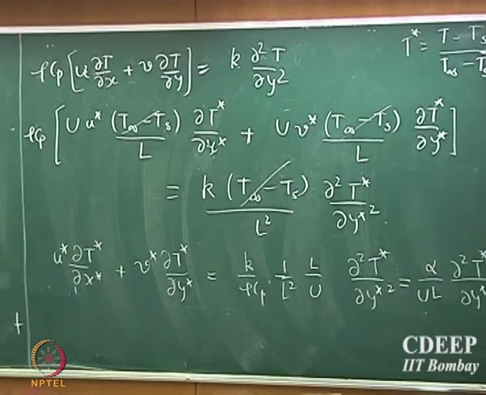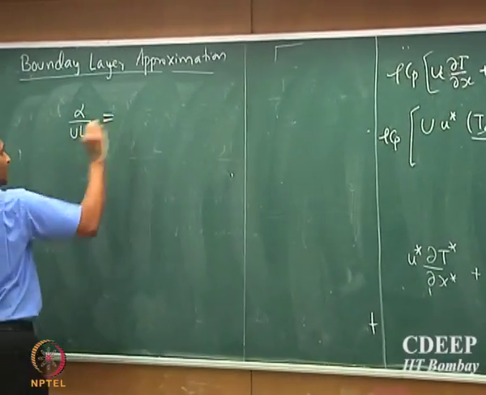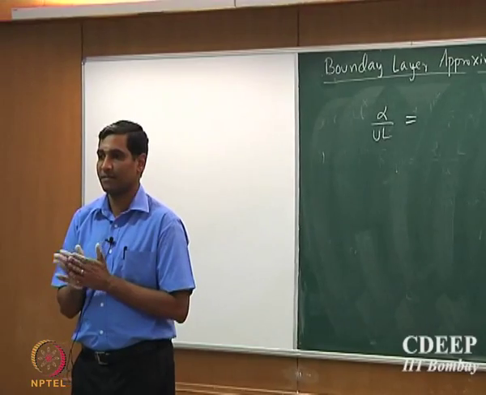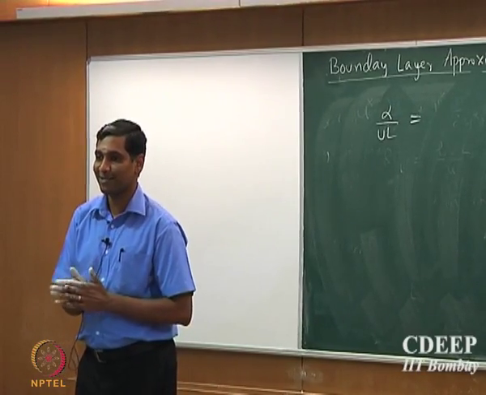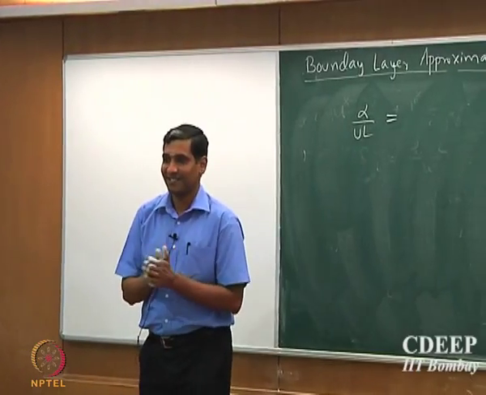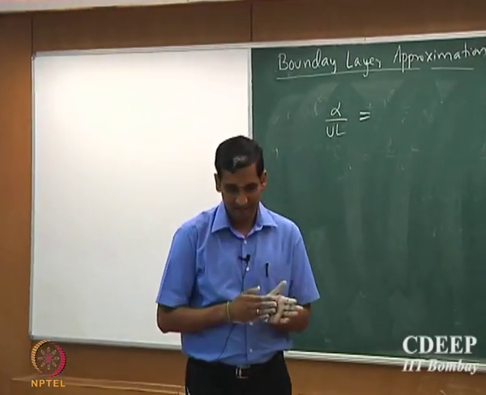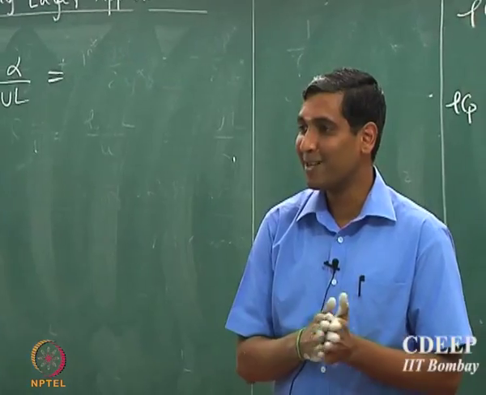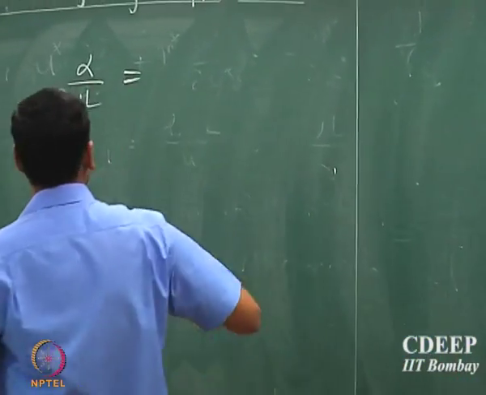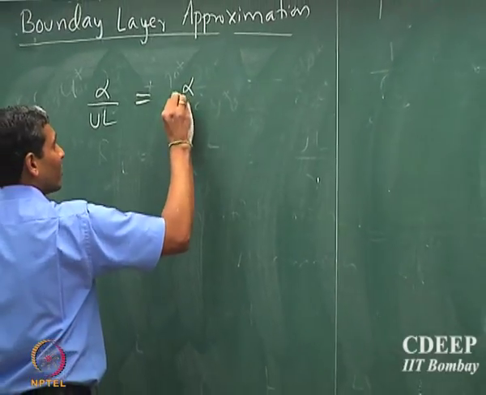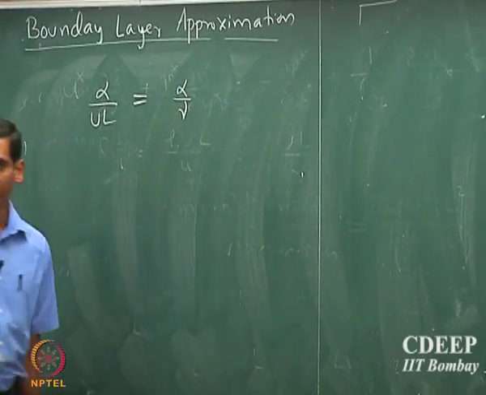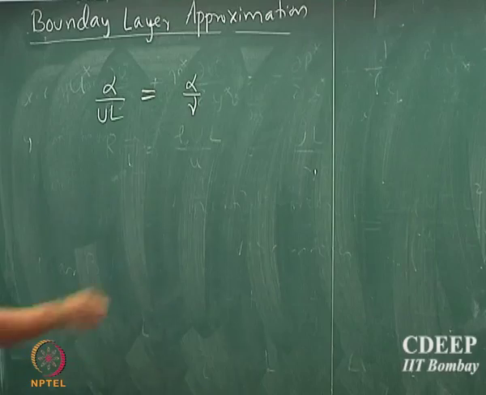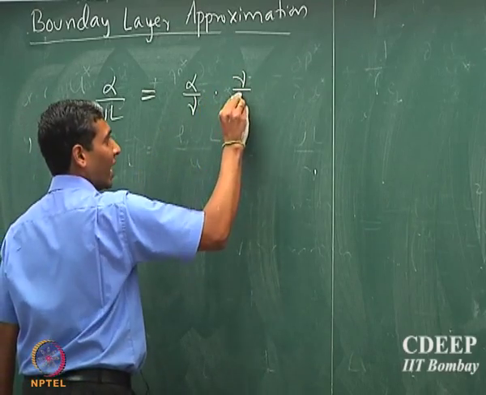Okay. What is alpha by UL? Prandtl number? Is it? It's Peclet number. Okay, so what you can do is you divide this by nu, the kinematic viscosity, multiplied by nu by UL.